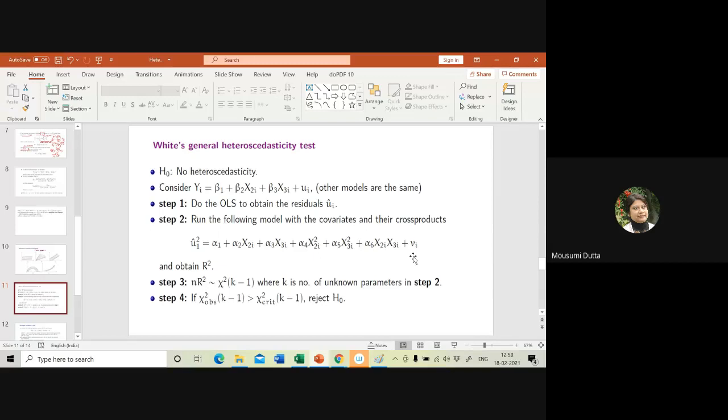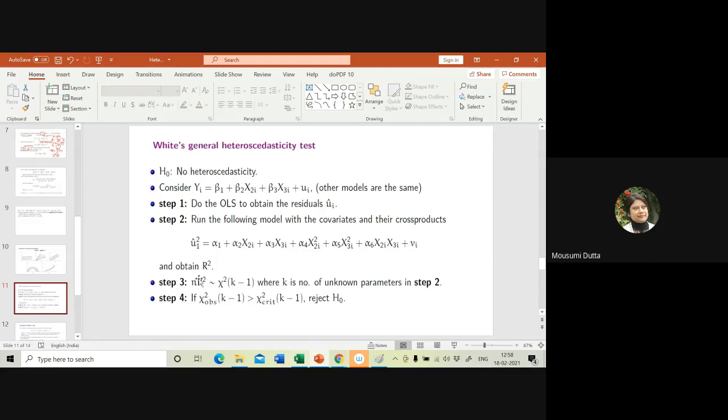So in White's test, first you find the residual, then regress the squared residual on x2i, x3i, their squares and their cross products, and derive R square. Next, step 3, we consider NR square.